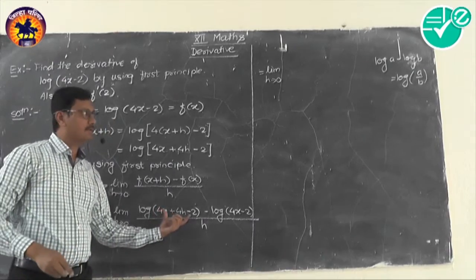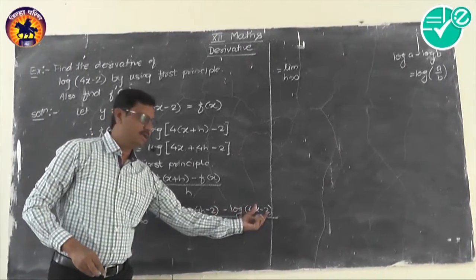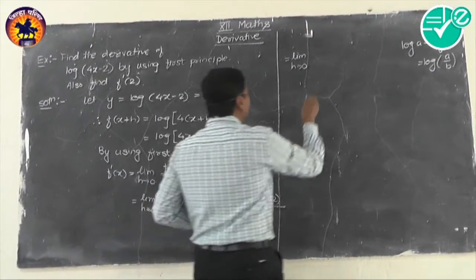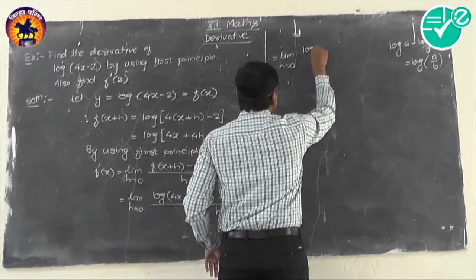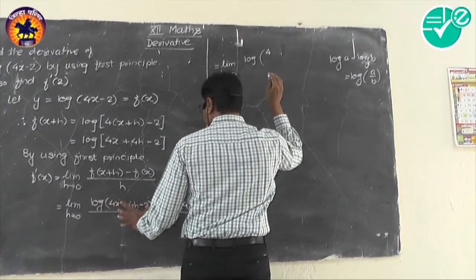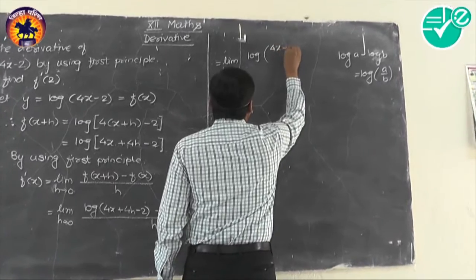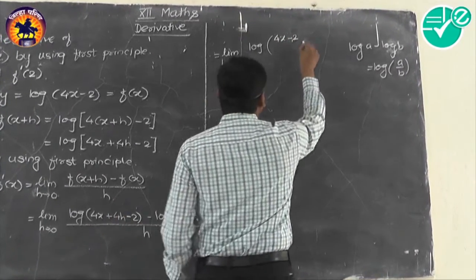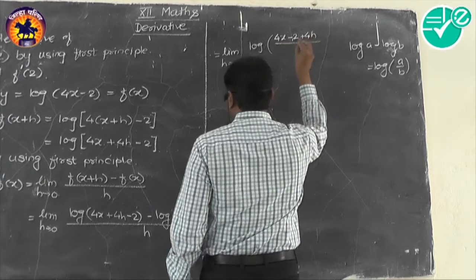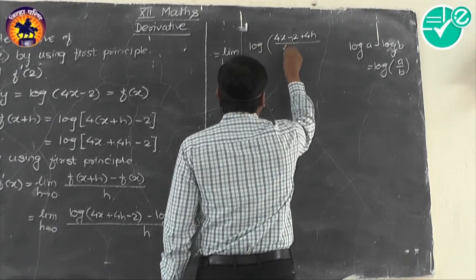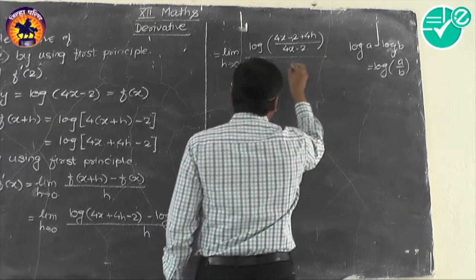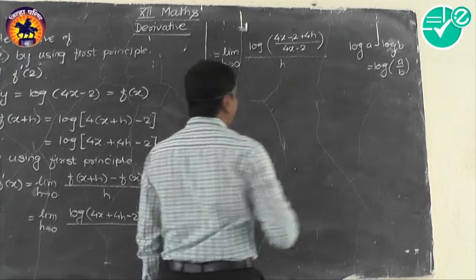Now this is a and this will be b. So we use that property of log a minus log b. So the function will be log of a, and now I will rearrange the term as 4x minus 2 plus 4h. This is a upon b, and b is 4x minus 2, divided by h.